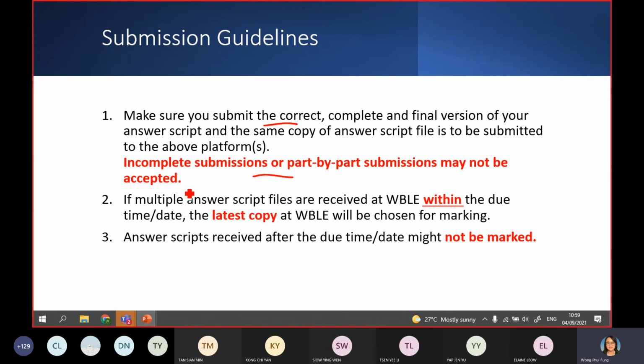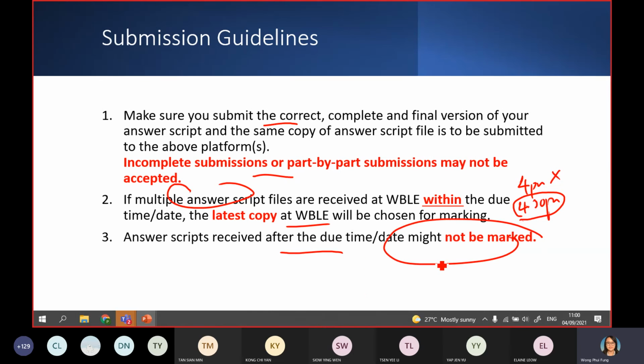No. If multiple answer scripts are received before the due date, the latest copy will be chosen. So let's say at 4 p.m. you submit 1 copy, and at 4:30 you submit 1 copy again. The 4:30 copy will be taken. The 4 p.m. copy will not be chosen for marking. An answer script after the due date and time will not be marked. So please take note. Okay?